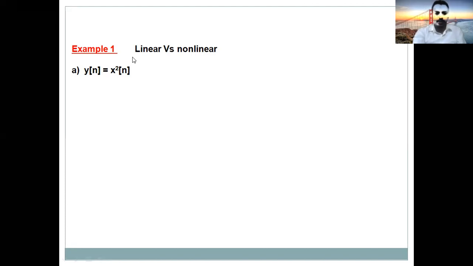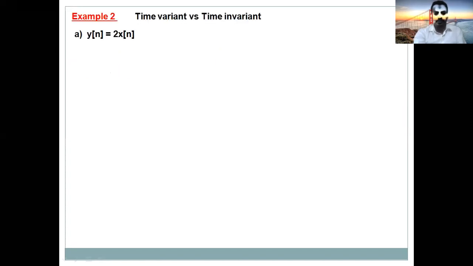So first we'll see what's linear, nonlinear, discrete time system. We'll see that in example 1. Example 2, time invariant and time variant.